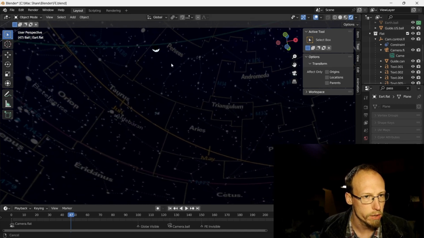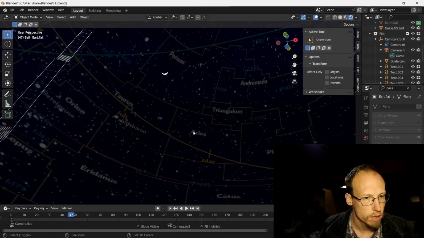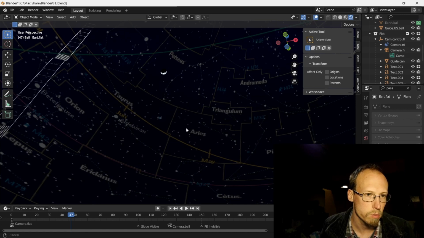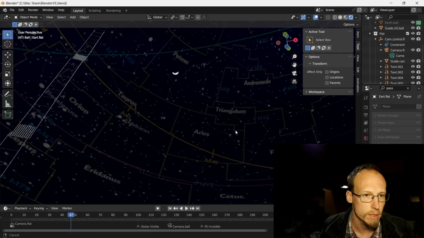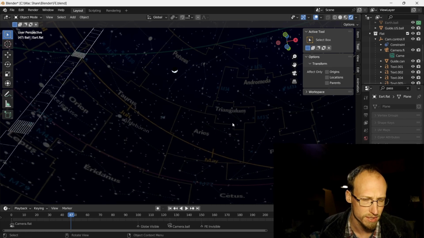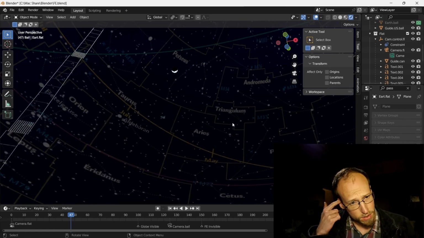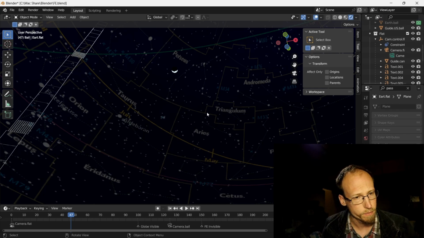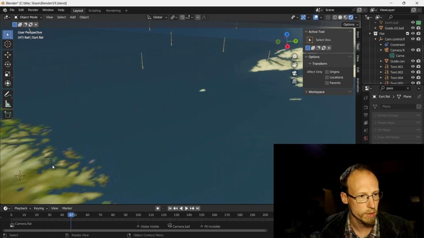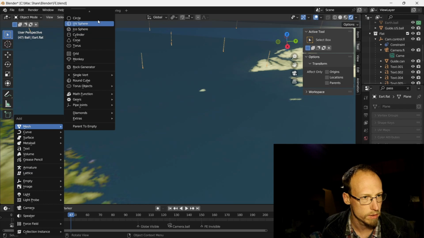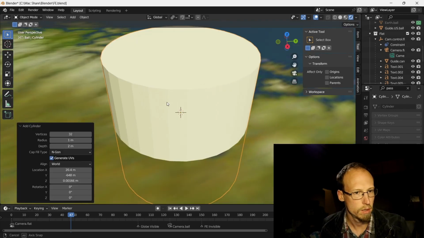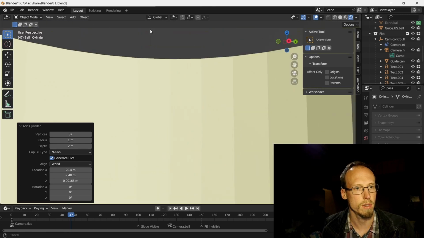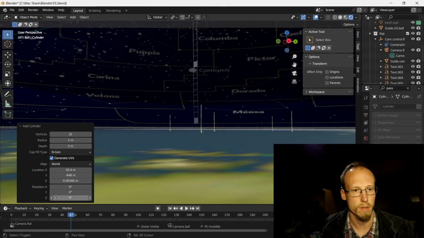So if I was over here, the sun has way less parallax than the moon should have because it's further away, but the moon's still pretty far. So let's just put something here so I can rotate around it. I don't know, the cylinder. All right, we're on this cylinder here. Just go next to it.